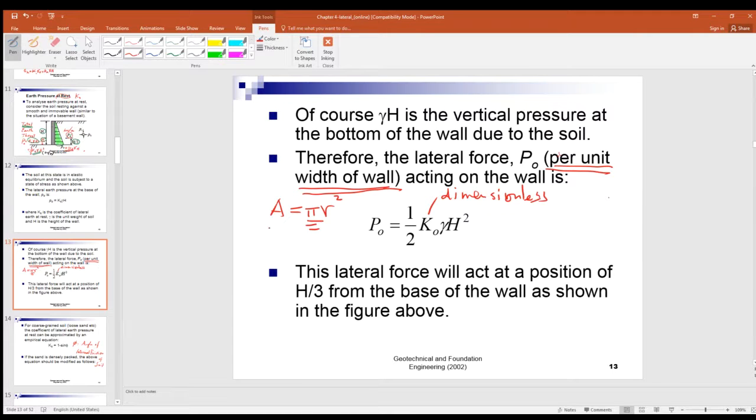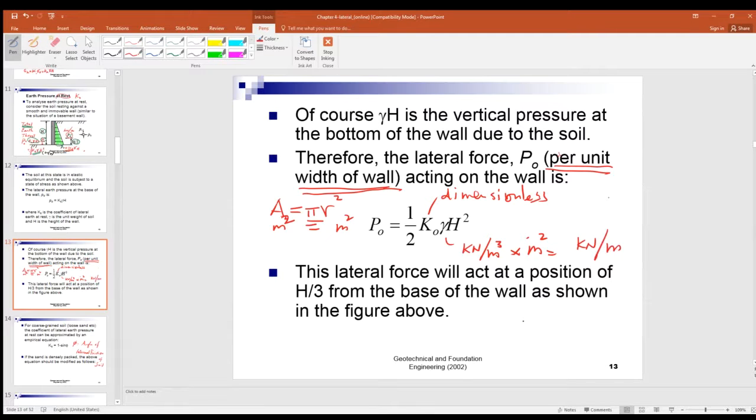Here, on the left-hand side is meter square, and right-hand side, r in meters, r square means meter square. So pi should be dimensionless. Again here, K naught is dimensionless. But what about here? kN per cubic meter times meter square. So that will give you kN per meter.